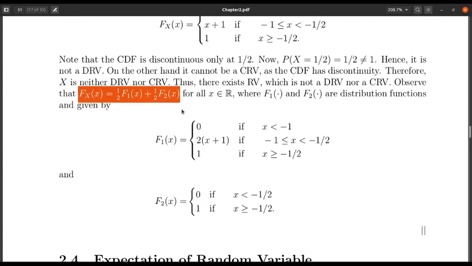That breakup can be done for any distribution function which is neither discrete nor continuous. Any such distribution function can be written as a convex combination of two distribution functions, one of some continuous random variable and another of some discrete random variable. Okay, I hope this is clear. I stop here, and we'll see a new concept in the next lecture, which is the expectation of random variables.